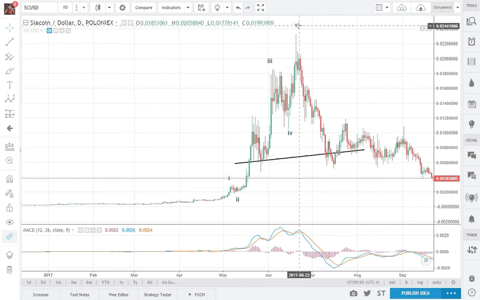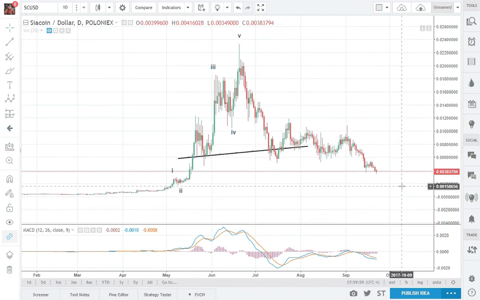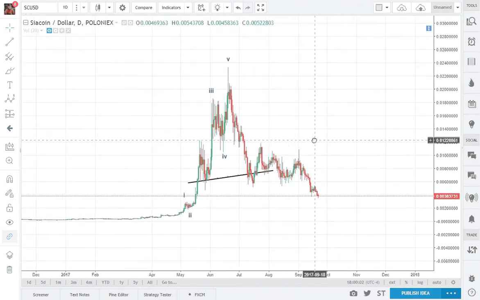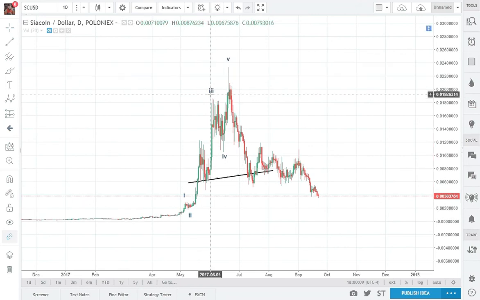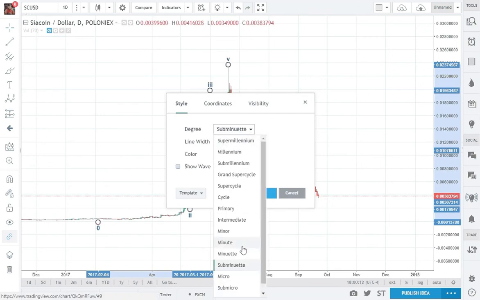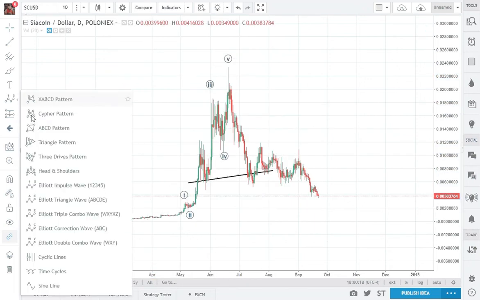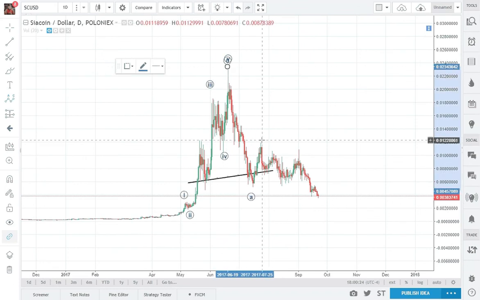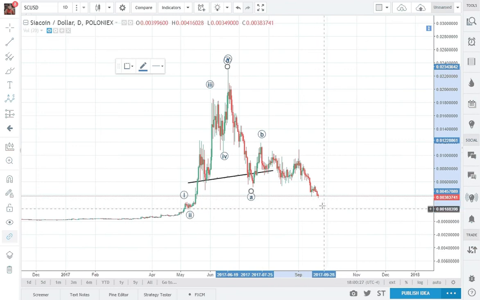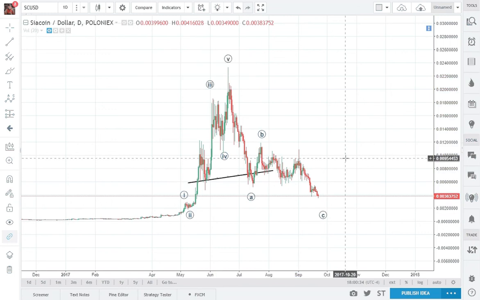And after 5 waves, there is a requisite 3-wave retracement, and that retracement can be seen as A, B, and somewhere here is C. We'll try to figure out where that region might be.